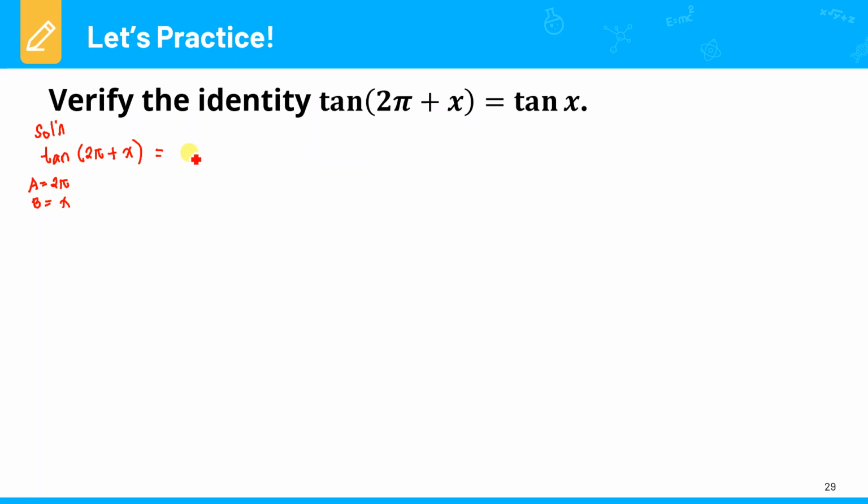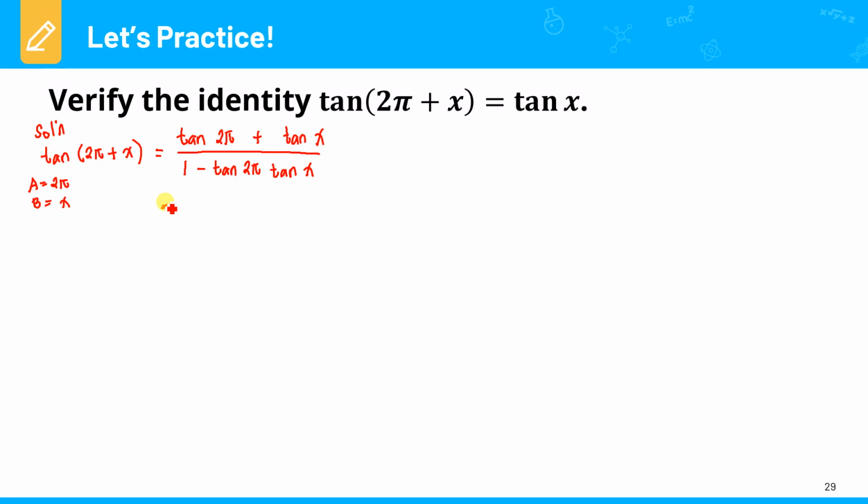Because this is a tangent, you have tangent A plus tangent B all over 1 minus tangent A tangent B. In this case, our A is 2 pi, plus tangent, our B is x, all over 1 minus tangent 2 pi tangent x.